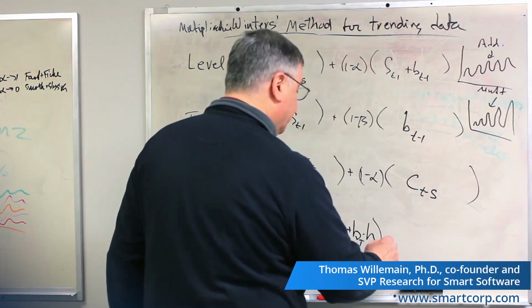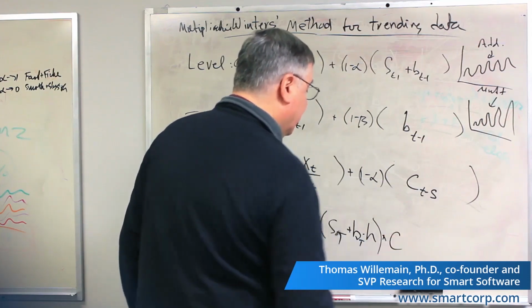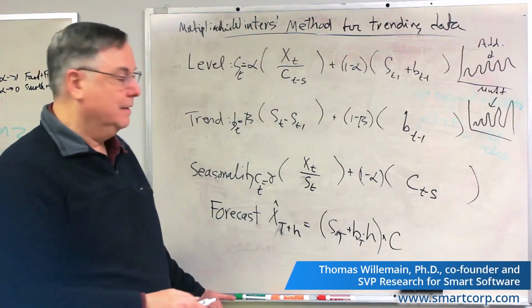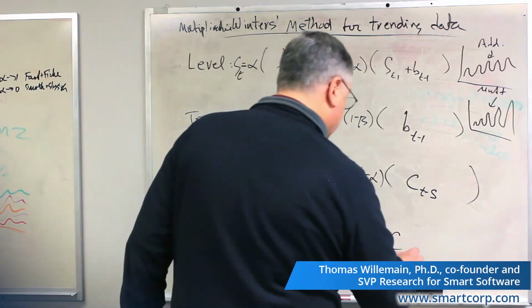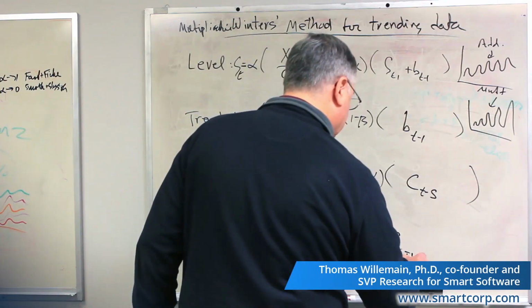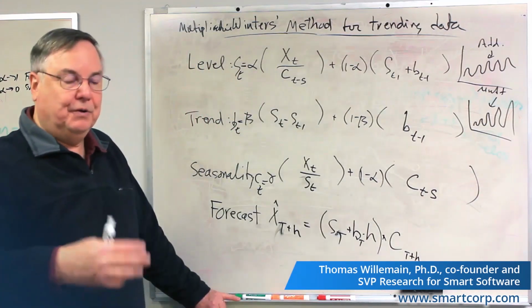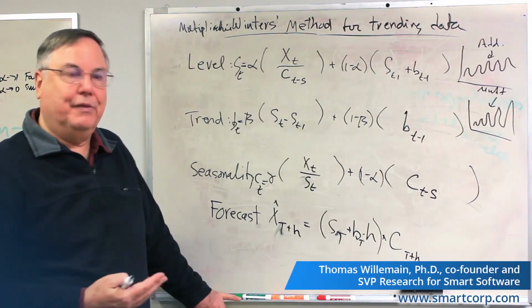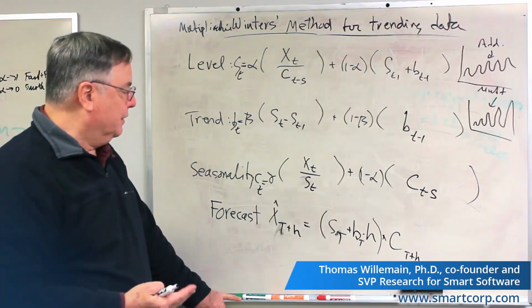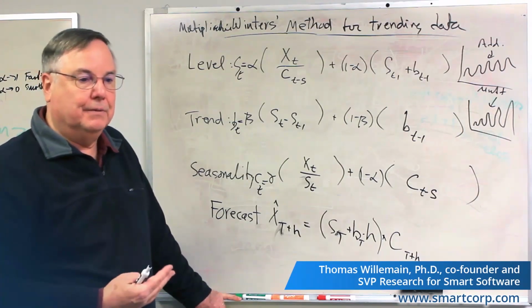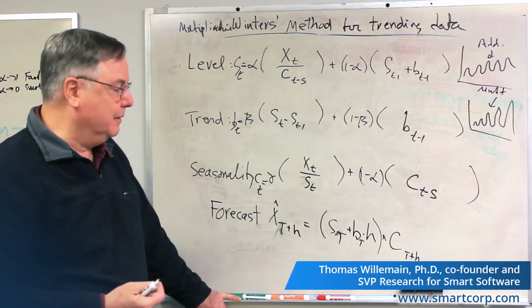But then we have to multiply it by the appropriate C. And that C would be the C for T plus H. And T plus H will end up in a certain month. So we're going to need to know what the C is for that month.